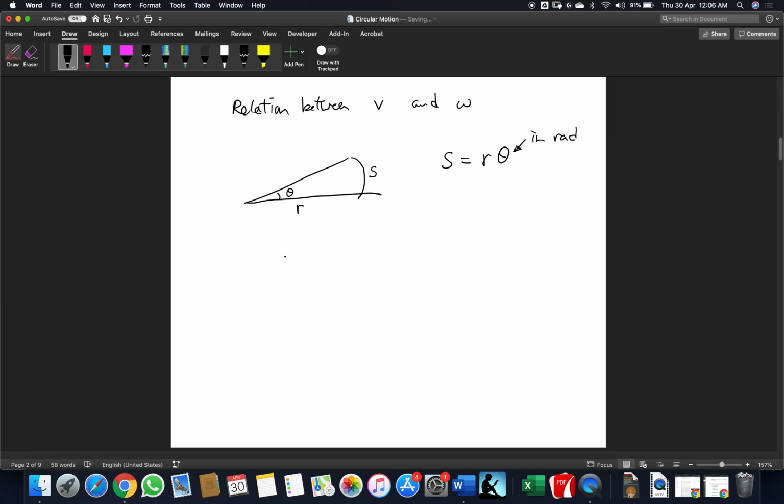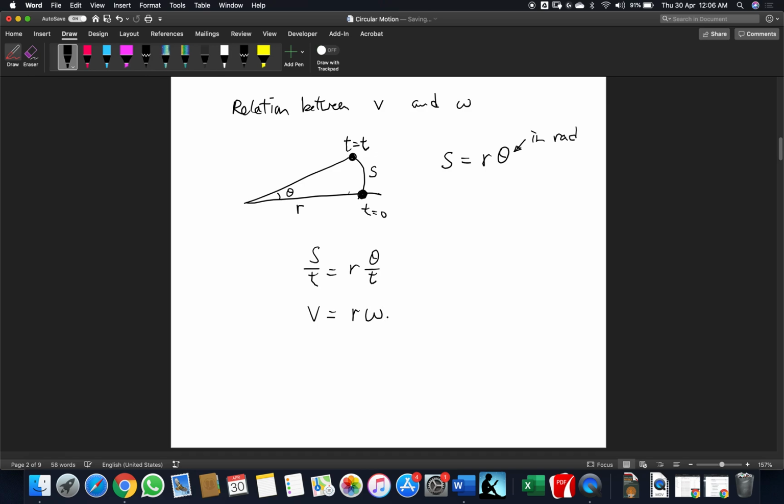Let's say the particle at time equals 0 is here, and at time equals t, the particle is here. So the distance traveled by the particle is s. If we divide both sides by t, we get the distance divided by time, that is the speed, and theta divided by time, that is the definition of angular speed.